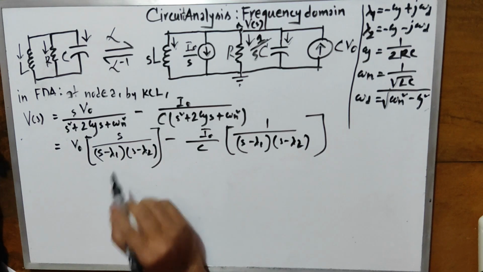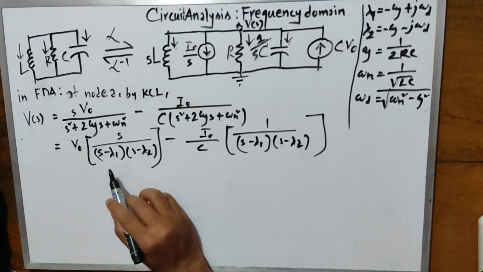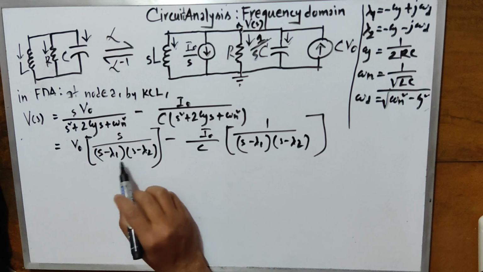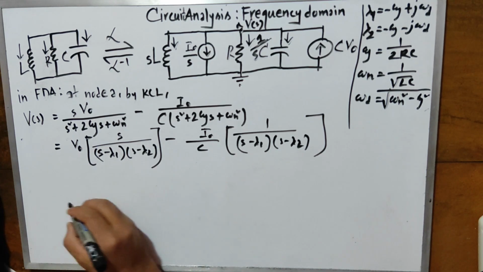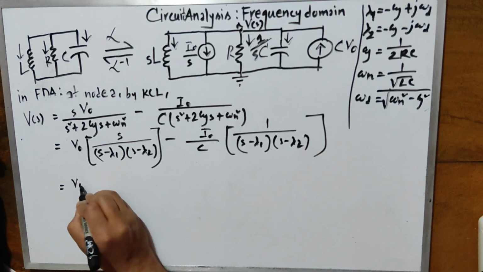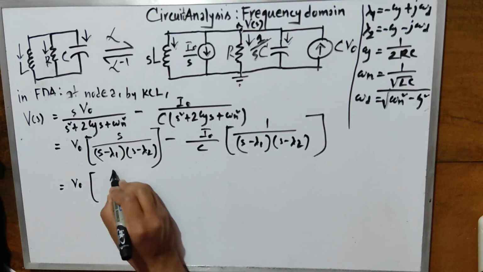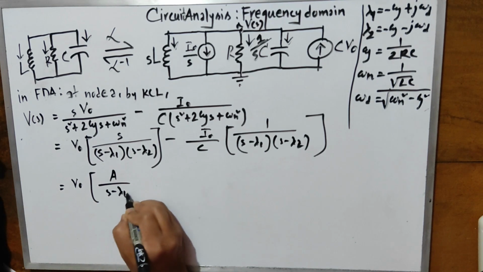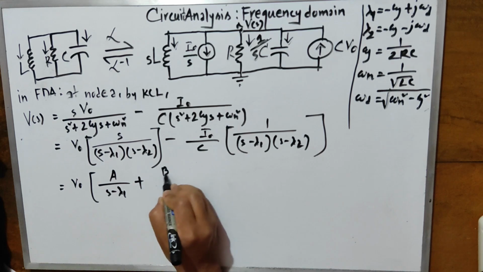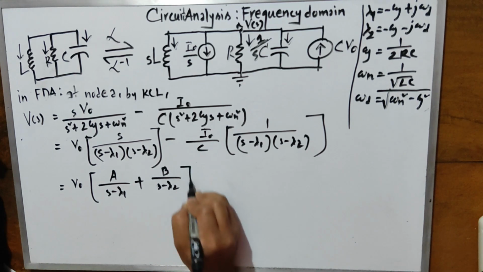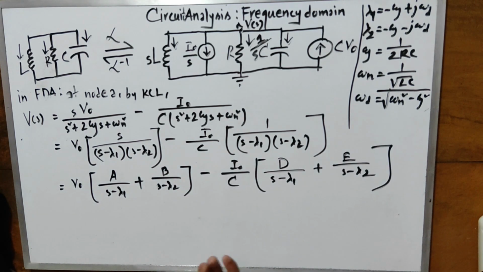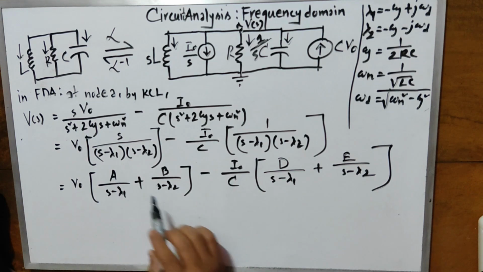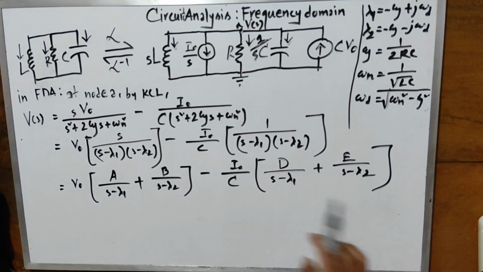So far so good. Now I'm going to break this term into partial fractions. So say V O is a by s minus lambda 1 plus b by s minus lambda 2. So all I have to do is find these a, b, and d and e.